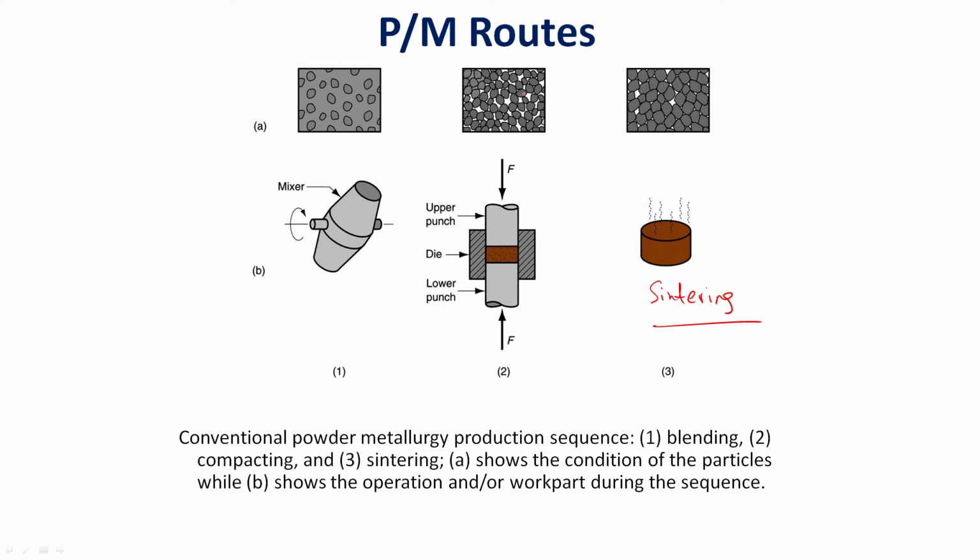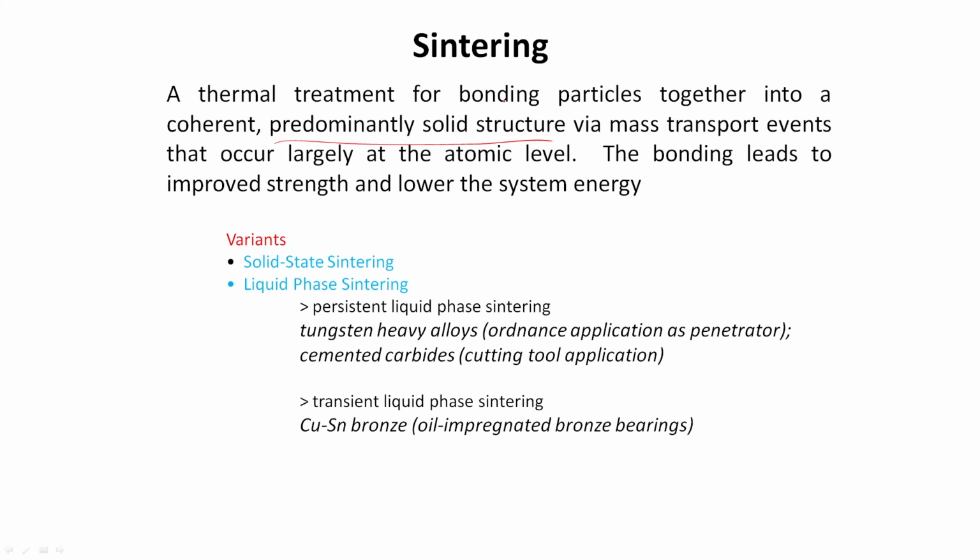You can see that in the green compact you have very fine pores present, but in the sintered product very few pores are present. Sintering is a thermal treatment process, and it happens by mass transport. You have to understand, you can have both solid state and liquid state sintering. Solid state sintering is widely used for many of these materials in which no liquid is forming.